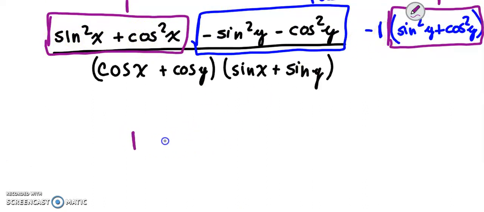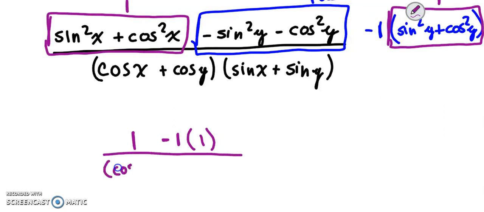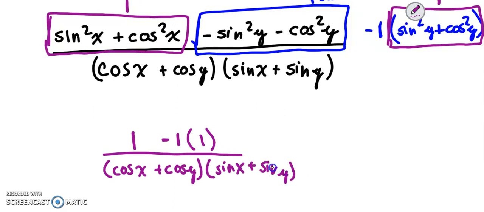And technically here we have a negative 1 that we factored out times 1, because our sine squared and cosine squared is equal to 1 here. We're multiplying that by the negative 1 that we pulled out. And then we have all of that for our denominator, sine y.